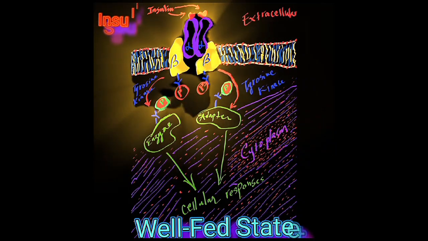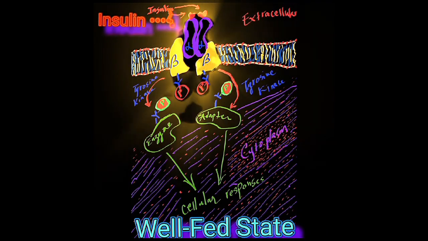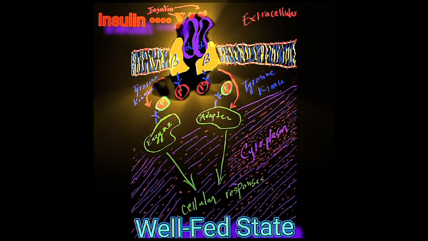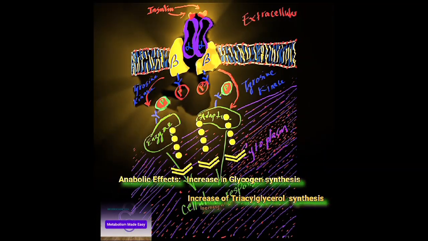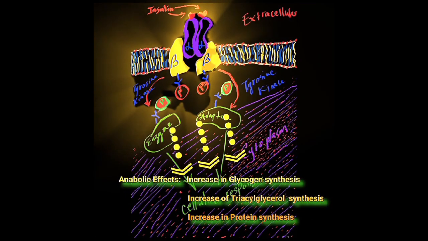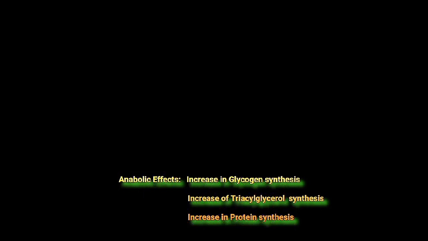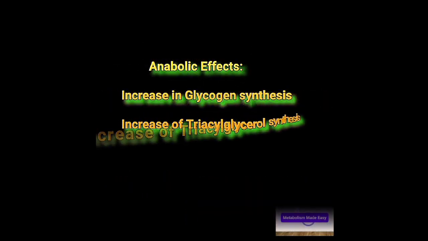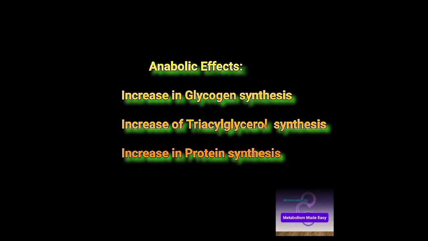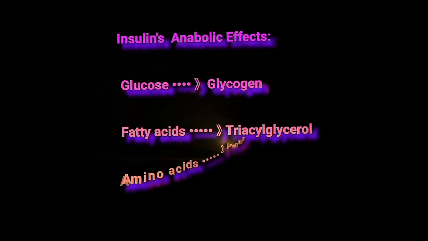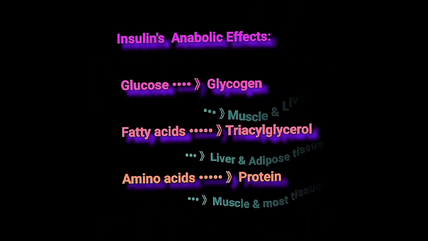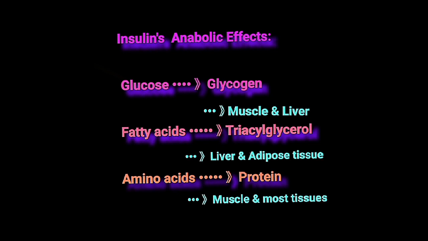Activation of the insulin receptor elicits a plethora of intracellular responses, including 3 anabolic responses, which are synthesis of glycogen from glucose, synthesis of triacylglycerol from fatty acids, and synthesis of proteins from amino acids. In general, insulin will promote the synthesis of glycogen from glucose, the synthesis of triacylglycerol from fatty acids, and the synthesis of proteins from amino acids.